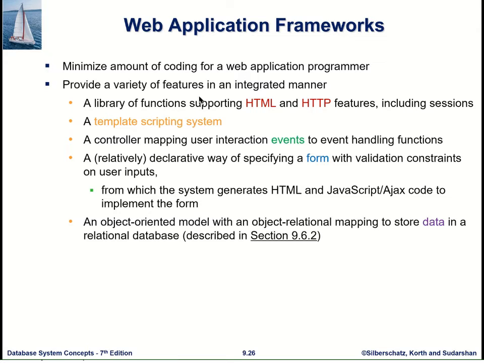Okay, and also we have a template. So based on that template, it will be easy for you to do the coding, right? And also we can handle the events and the event handling function mapping.